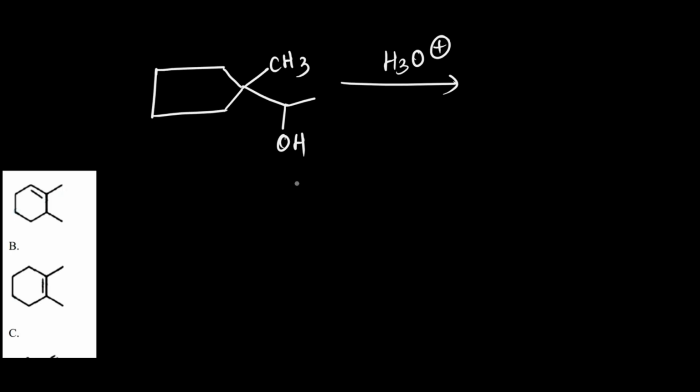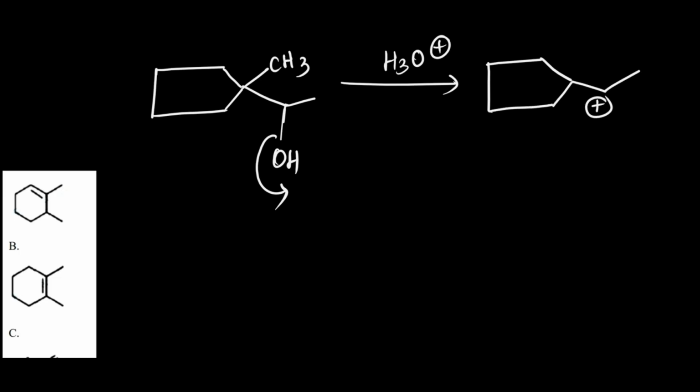Obviously OH is there, H3O plus. So what we can expect is, as the first step, it will pick up hydrogen and OH leaves the compound. First OH leaves the compound, so that here it is forming a positive charge, right? So if this one breaks, this will have negative and this becomes positive.